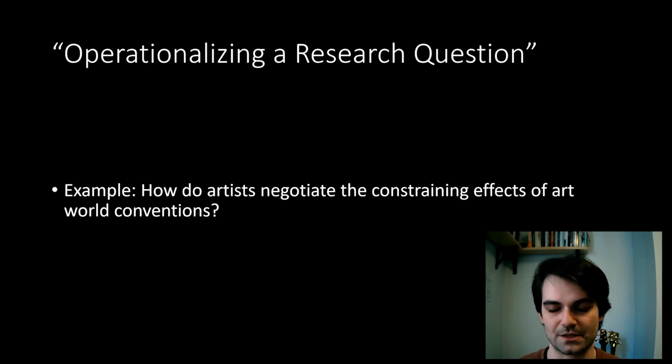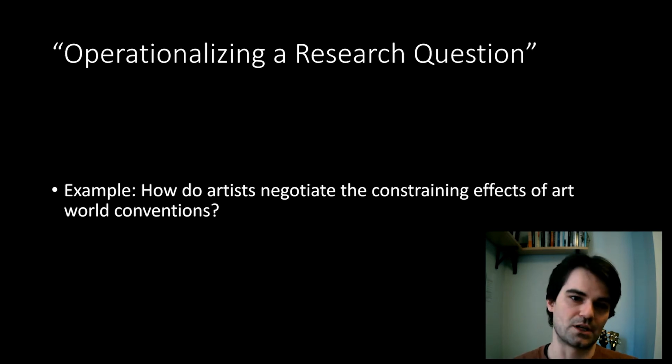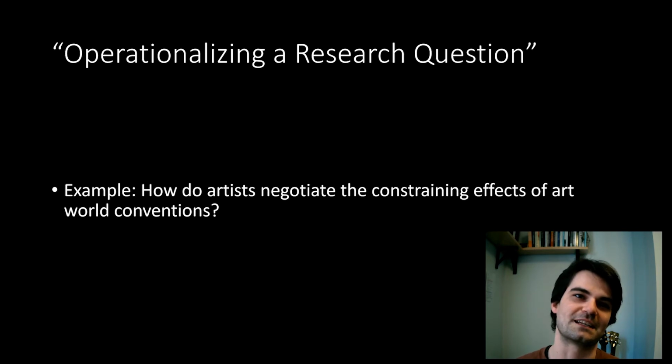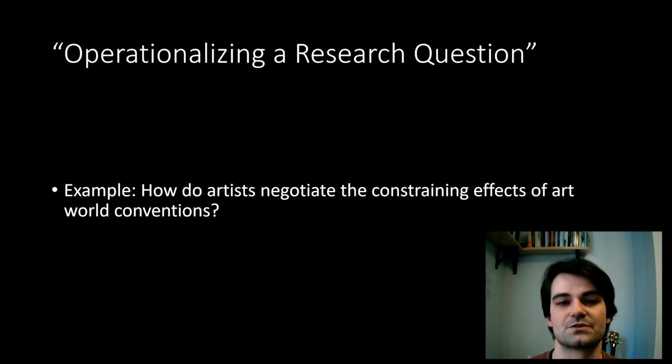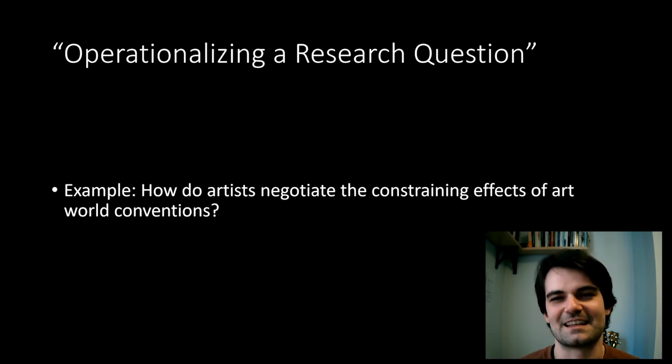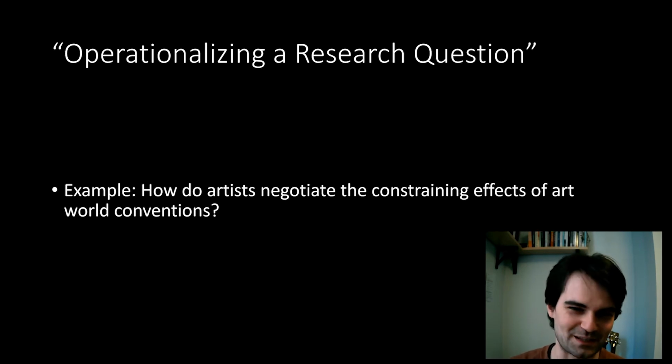Like I was mentioning earlier, this isn't necessarily a causal question, like what causes artists to revolt against constraining art world conventions, or what explains successful change in art conventions. Those could be considered more causal questions, to do with very enthusiastic artists and things like that. There are good books on this, but this is beside the point.